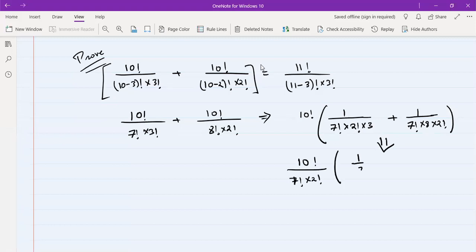I'm left with 1 by 3 plus 1 by 8. Agree? Anyone have any issue till this step? Now we are in the second step: 8 factorial can be written as 7 factorial into 8, and 3 factorial can be written as 2 factorial into 3. Okay, got it?